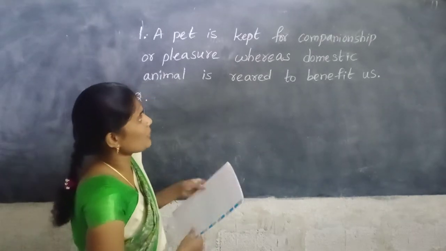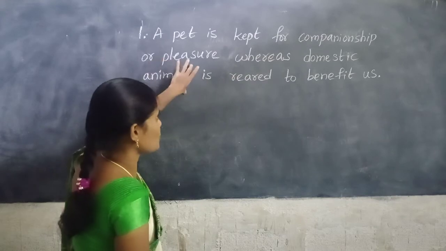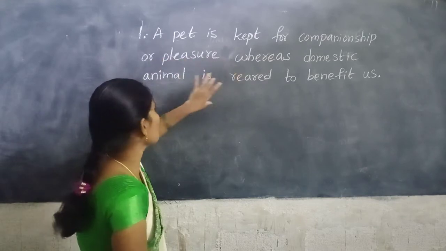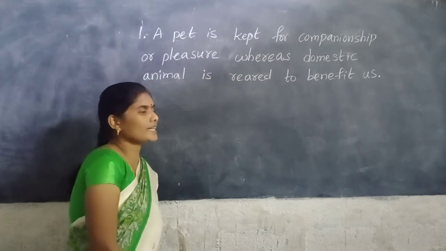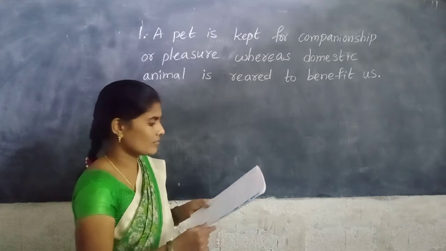A pet is kept for companionship or pleasure, whereas a domestic animal is reared to benefit us.